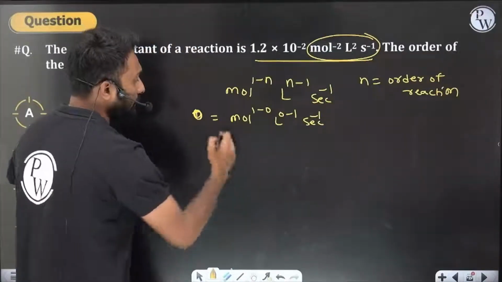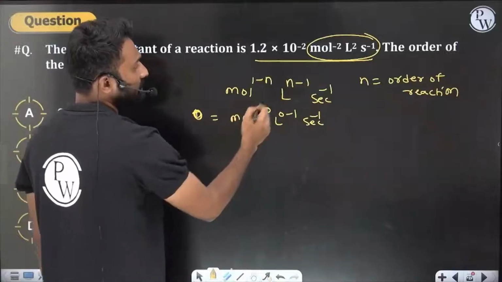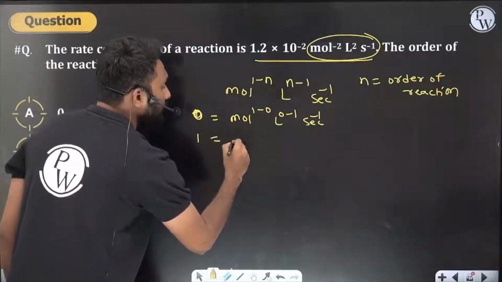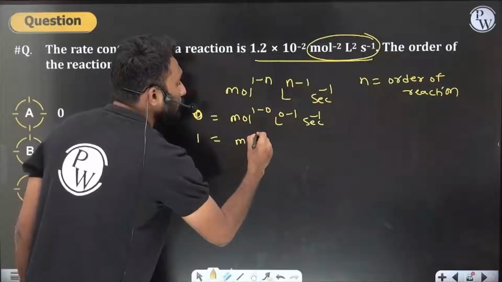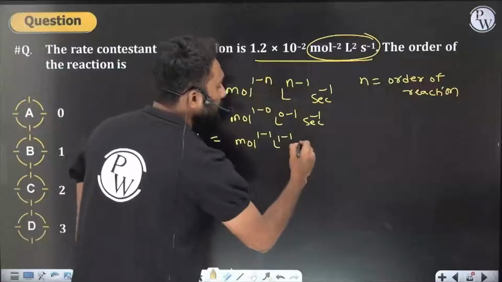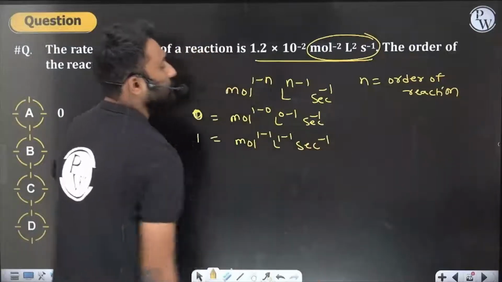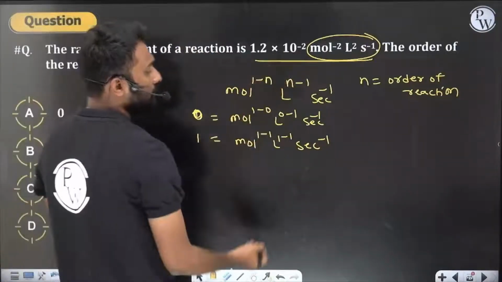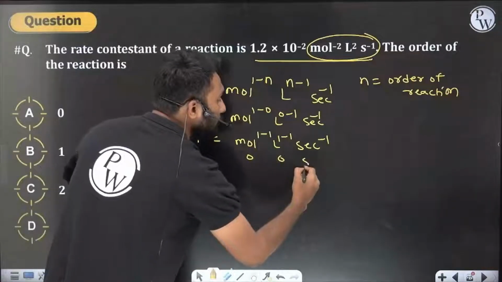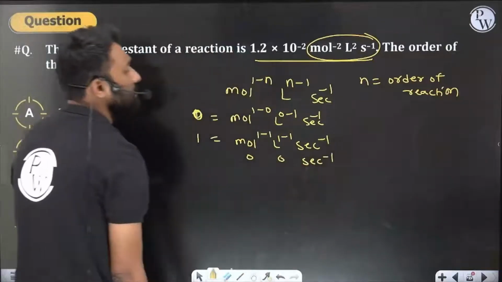Is this matching with the given unit? No, right? Now if it is a first order, then it will become mol 1 minus 1, liter 1 minus 1 and second inverse. Is it matching? No, right? This will become 0, this will become 0. The unit for a first order reaction will be second inverse.